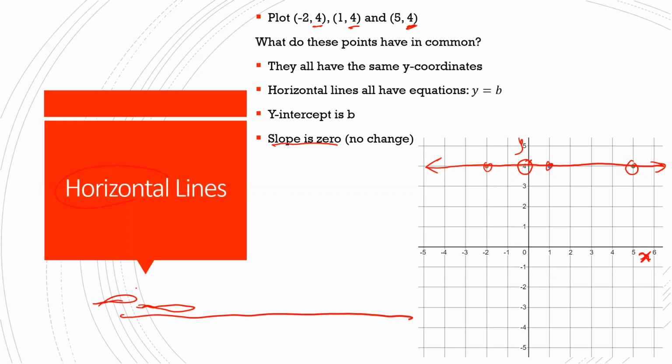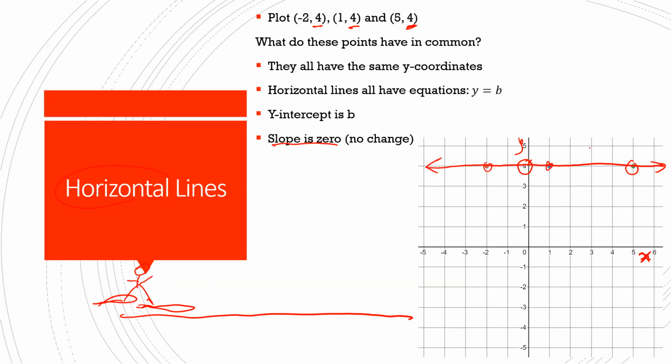That's not a very fun hill to be skiing on, because you're not really going up or down a hill. You're just going straight. So if you have a slope of 0, it means no change, right? So horizontal lines have a slope of 0, okay?